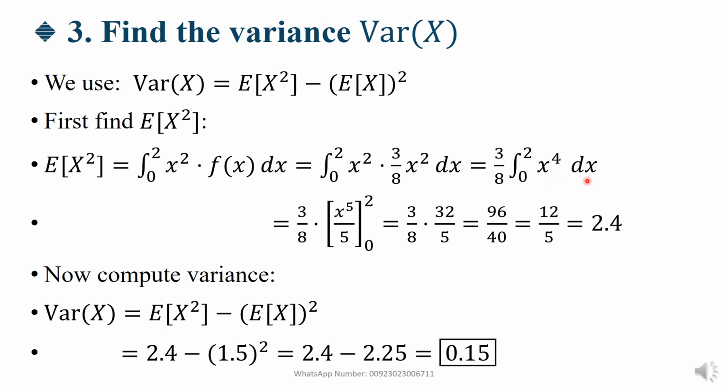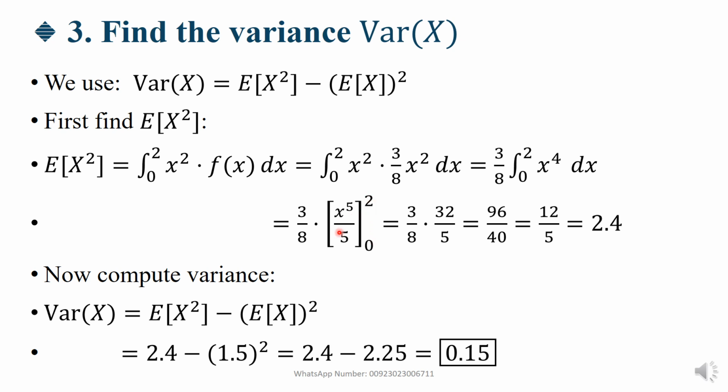Now we integrate with respect to x. x power 4 becomes x power 4 plus 1, x power 5 divided by 5, and here is given 0 to 2. We write the same 0 to 2. After the integration we put the upper limit and lower limit.